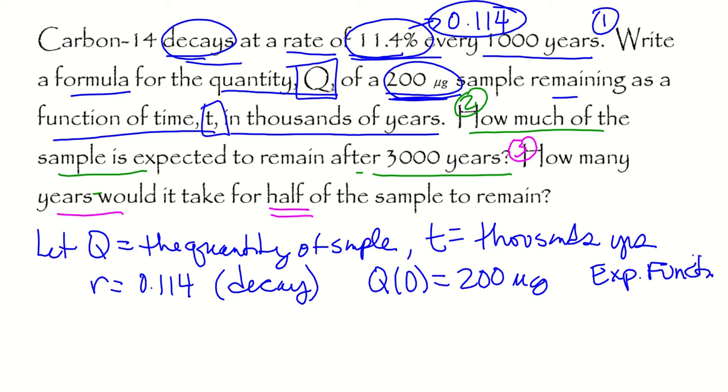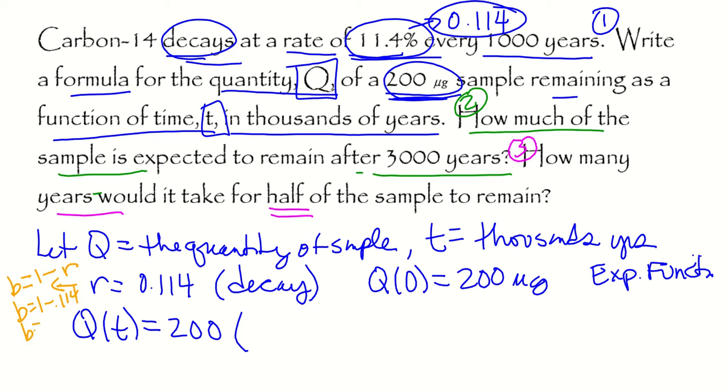So we know that an exponential function takes the form of Q of t equals A, which is our initial amount, so that would be 200, times B. Now, if R is equal to 0.114, then we know that B for decay will equal 1 minus R, which means in this case, B is going to equal 1 minus 0.114, which means that B is going to be what? 0.886.